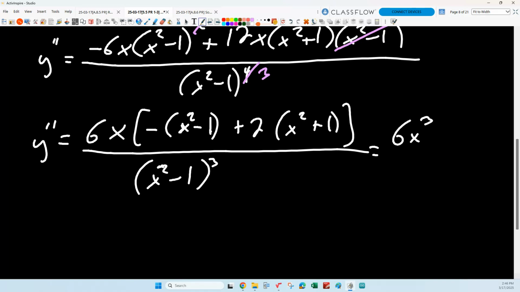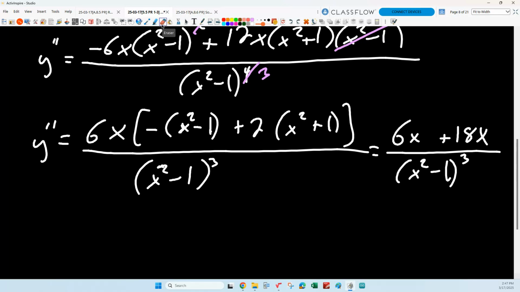We're going to get plus 6x plus 12x, so 18x over that. And I guess, why did I distribute it? That was dumb. It's already factored. We already had the 6x out front. Just combine everything in the brackets. 2x squared minus x squared is x squared. Plus 1 plus 2 is plus 3, right?